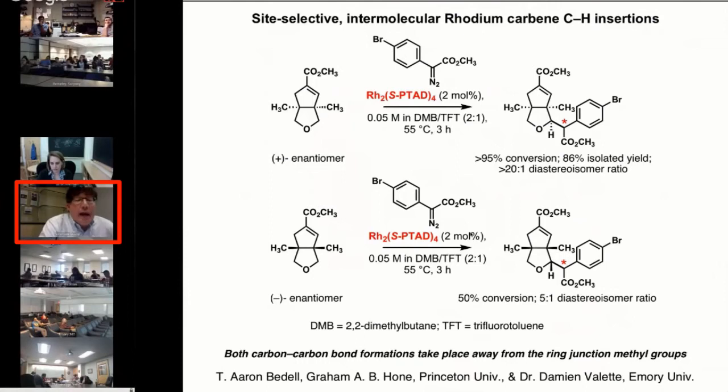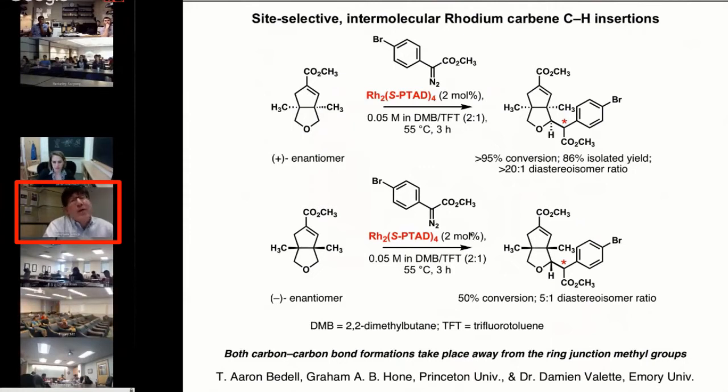Damien and Aaron Bedell and Graham Hone found that you can achieve site-selective intermolecular CH insertion reactions with donor-acceptor carbene. So using that dirhodium catalyst that I showed you on the prior slide, we could actually generate new carbon-carbon bonds in the course of site-selective intermolecular CH insertion reactions.